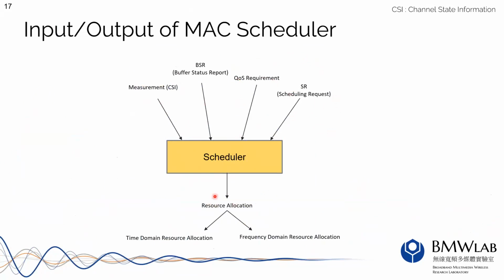Then the output will be the result of the resource allocation, and it is composed of two parts. One is the time domain resource allocation, and another one is the frequency domain resource allocation. We will talk about these two domain resource allocations.